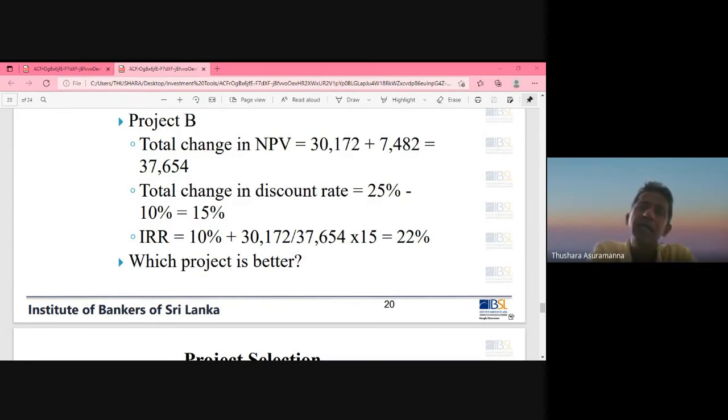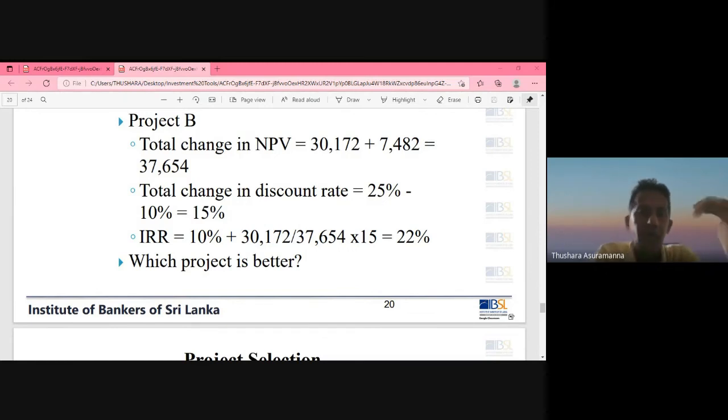Then assume two or three times more, like if it is 10%, take 25% or 30%. Don't take 15% or 20%, because there may be less likelihood of getting a negative NPV. Ideally, you need one positive and one negative NPV.